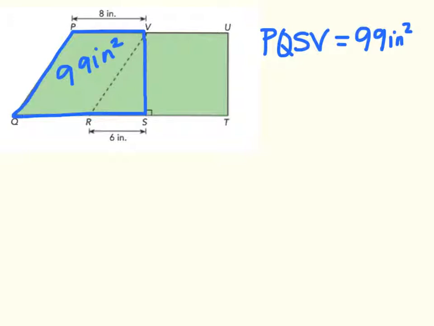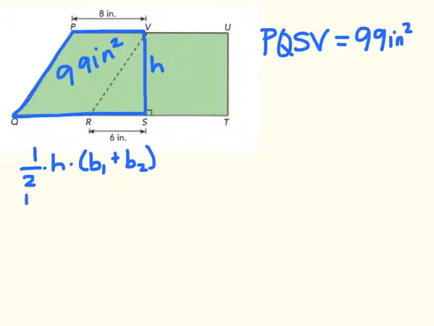All right, let's apply the formula for finding the area of a trapezoid to find line VS. We're looking for this height right here, okay? So the area for the trapezoid is 1/2 times height times b sub 1 plus b sub 2.